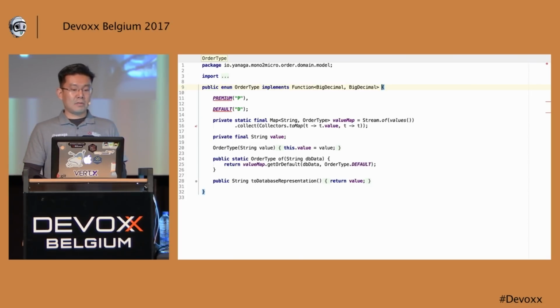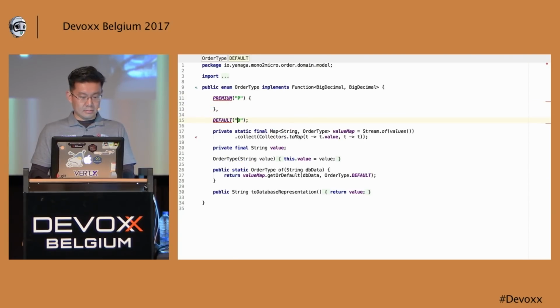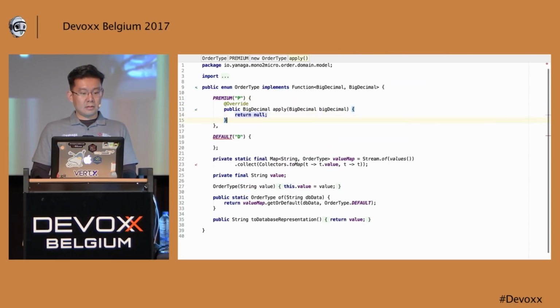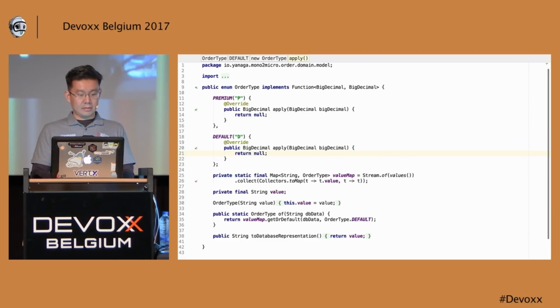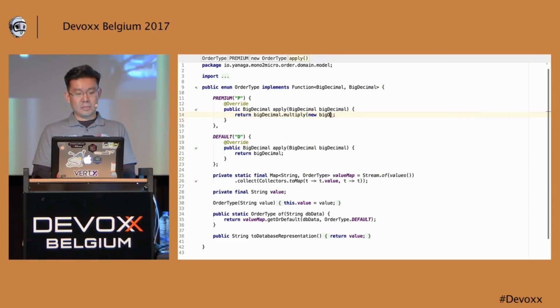But if I want to implement a function here, I would say apply. Here I'm going to apply and return the own big decimal. Here I can just return big decimal multiply, new big decimal 0.9. Okay, I'm going to give a 10% discount on my orders.